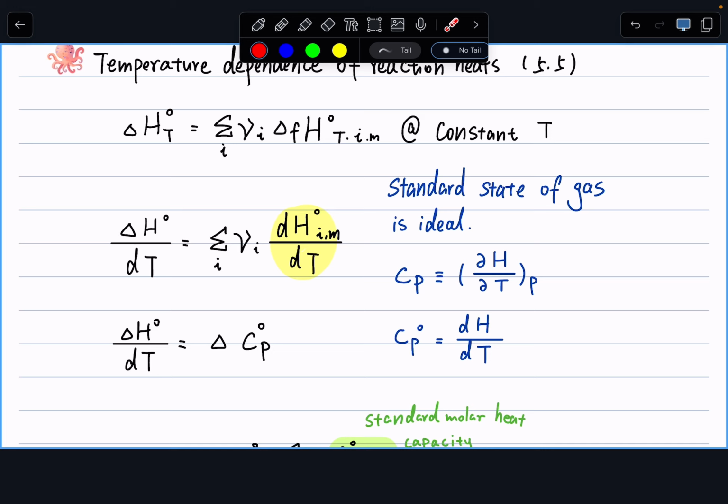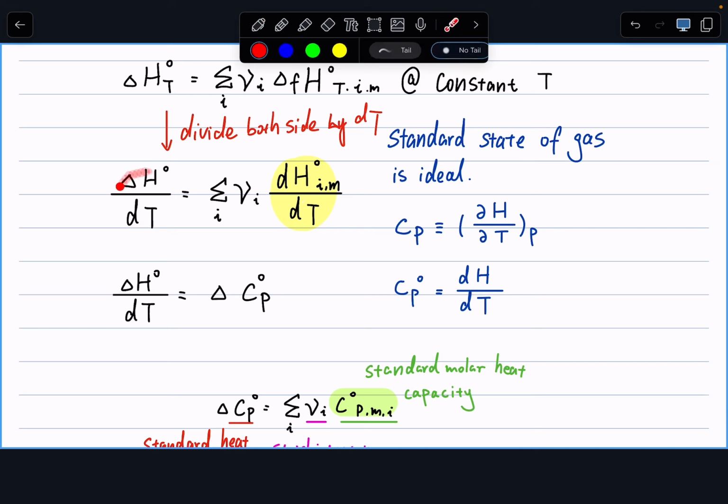And then if we divide both sides by dT, now thinking about the change of temperature, what do we have? On the left-hand side, we have dH naught over dT. On the right-hand side, the stoichiometric coefficient is not dependent on temperature, and the right one is basically dH over dT.